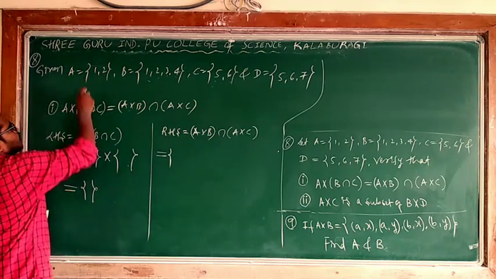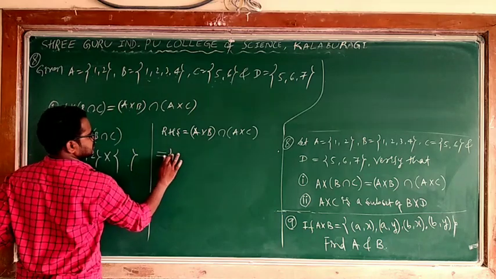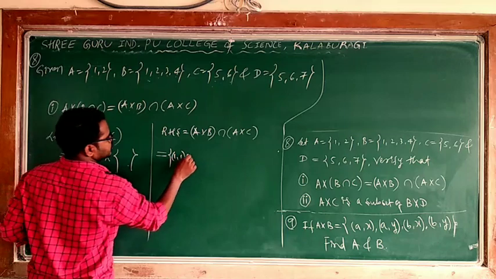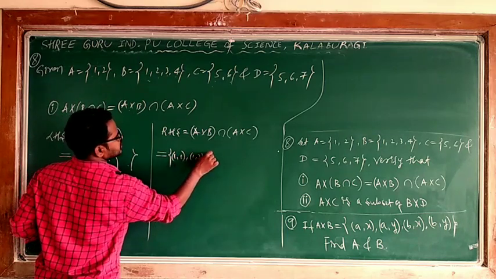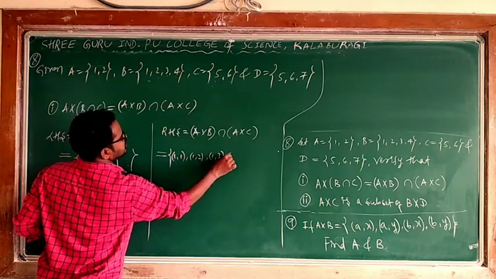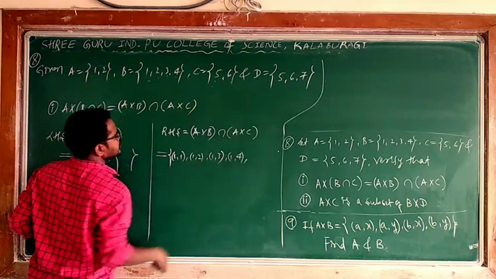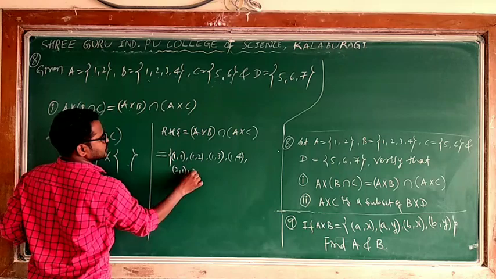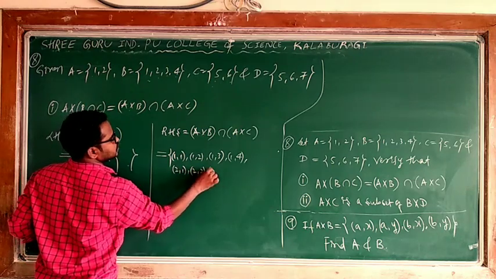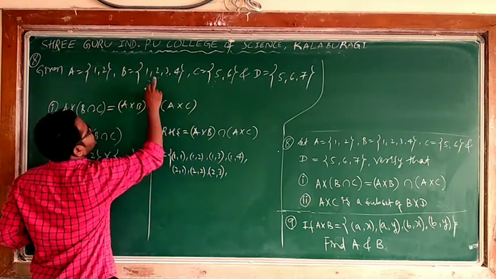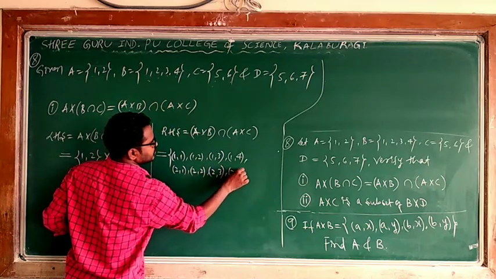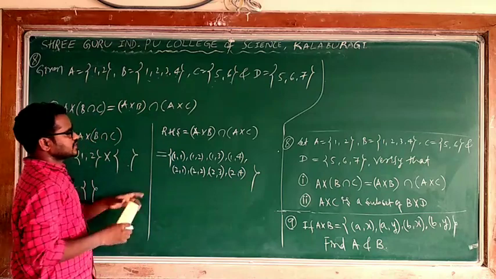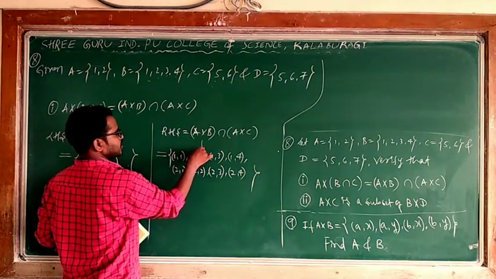So A cross B is (1,1), (1,2), (1,3), (1,4), (2,1), (2,2), (2,3), (2,4).